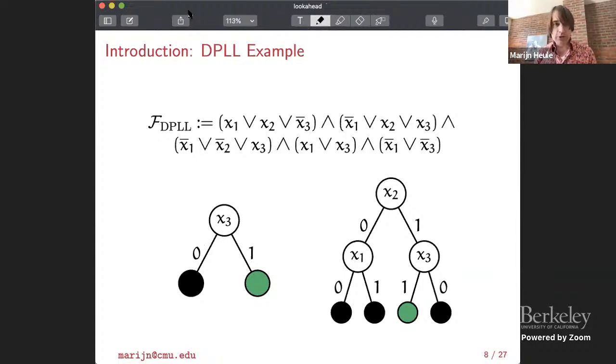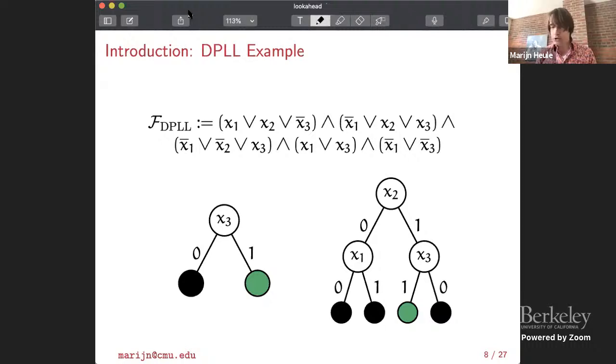A very simple example. On the slide there is a formula with 5 clauses. If you pick in this example x3 as your first decision, then you have a small tree with only 2 leaf nodes. However, if you, for example, pick variable x2, then the number of leaf nodes doubles.